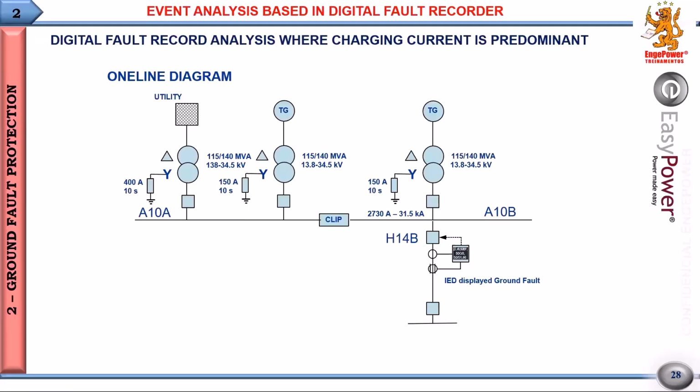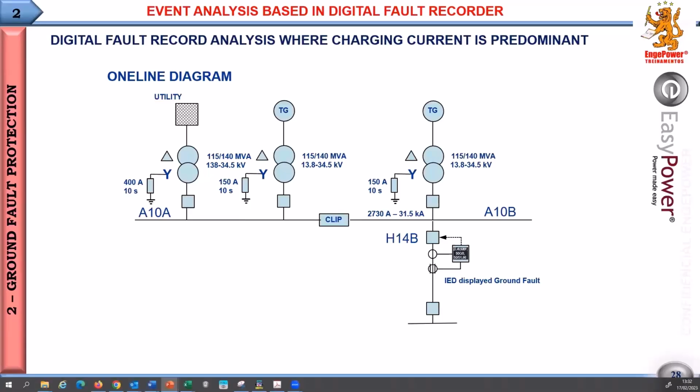So the expected ground fault current magnitude should be 400 plus 150 plus 150. So the total ground fault at this voltage level, the maximum expected, is 700 amps. Okay? Good.